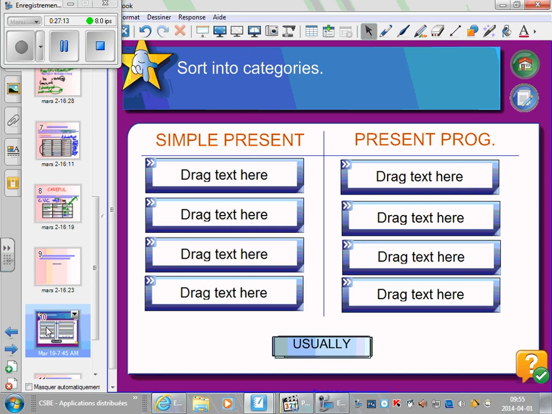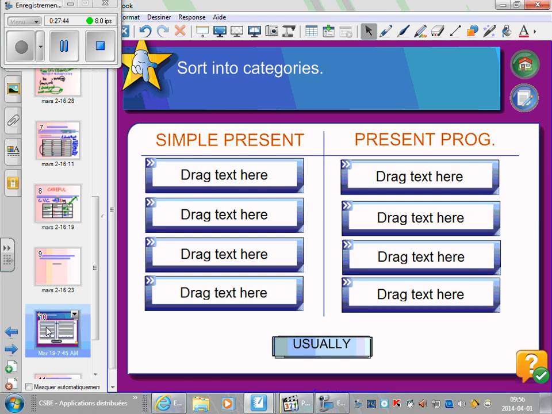Habituellement, d'habitude, yes. So where is it supposed to go? In simple present or in present progressive? Is it right now, or is it a habit, a fact, a truth, or a personal information? Yes, usually, which means in French, habituellement.